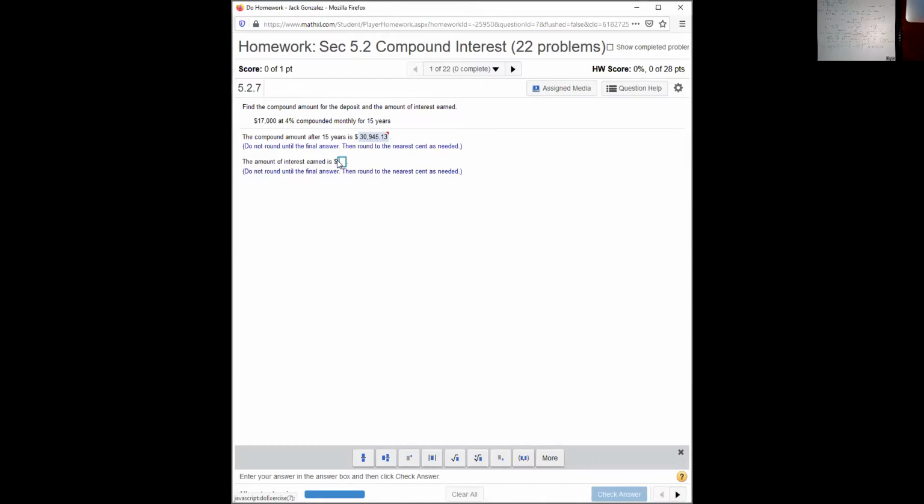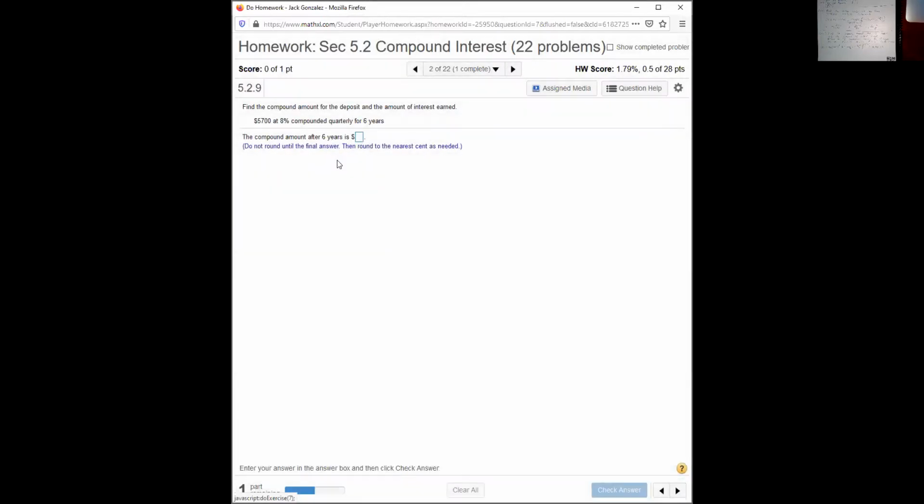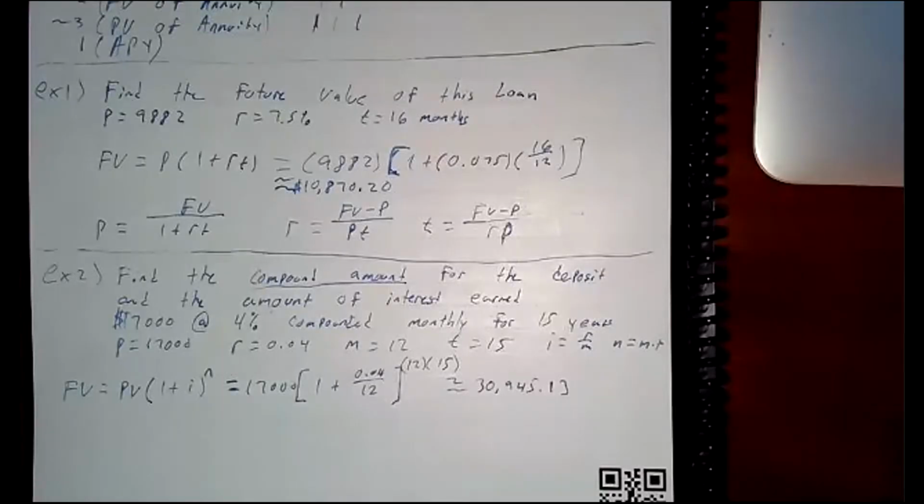So you subtract that by the original amount, which should be that 30,000 minus 17,000 should be about 13,945 and 13 cents. Yeah. Okay. So if you see the word compound amount, they mean future value. I was mistaken. You guys have any questions about that problem?